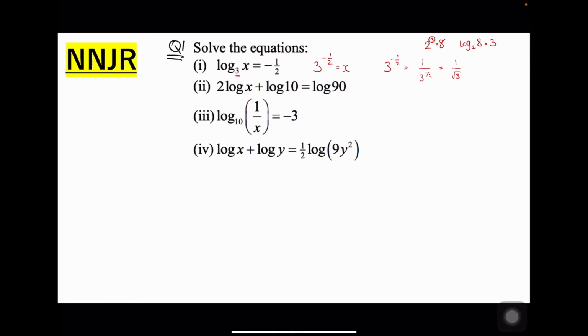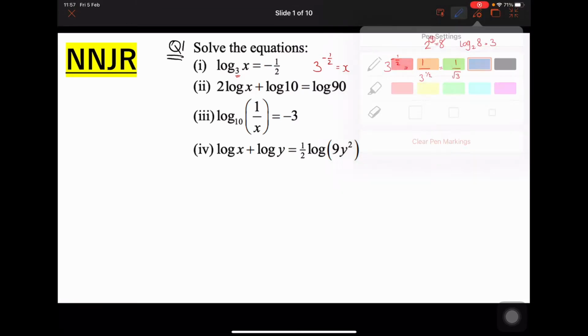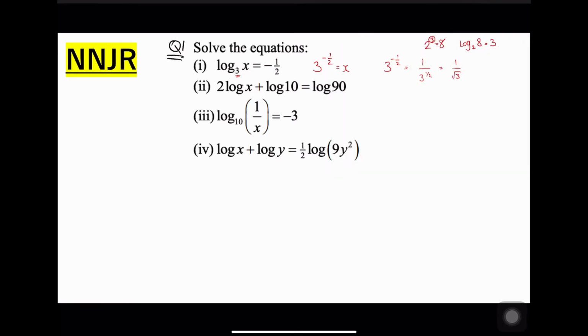Moving on to question 2, or I should say 1 part 2. I notice this 2 in front of log x. So firstly, using my understanding of the log power law, 2 log x is the same as log x squared.